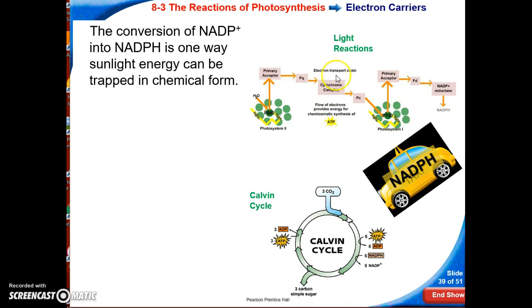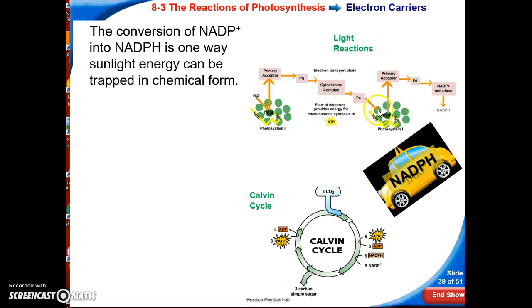So if you look at, again, this is a little more detailed than you actually even need to know. But in the light reactions, we have these photosystems that are getting light energy, and they're taking electrons from water, and they're sending them along the electron transport chain.